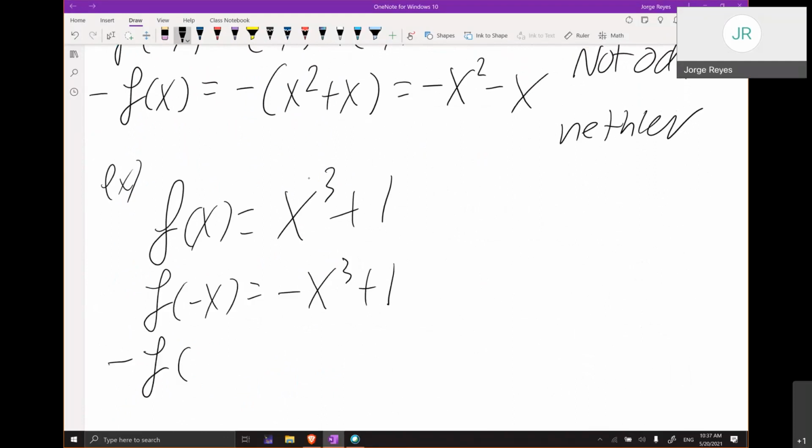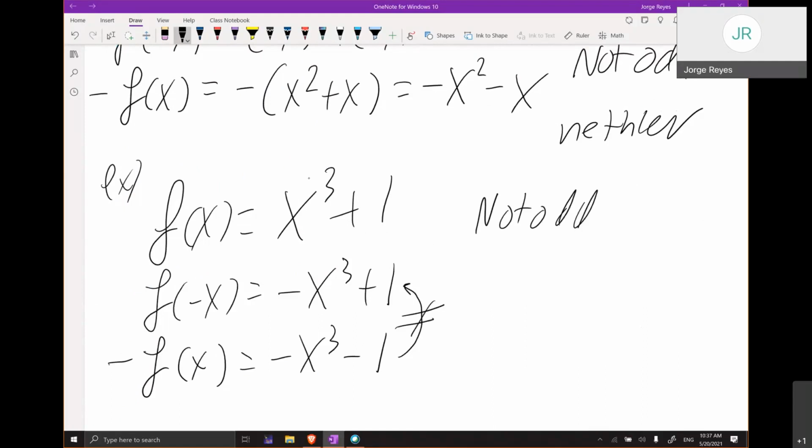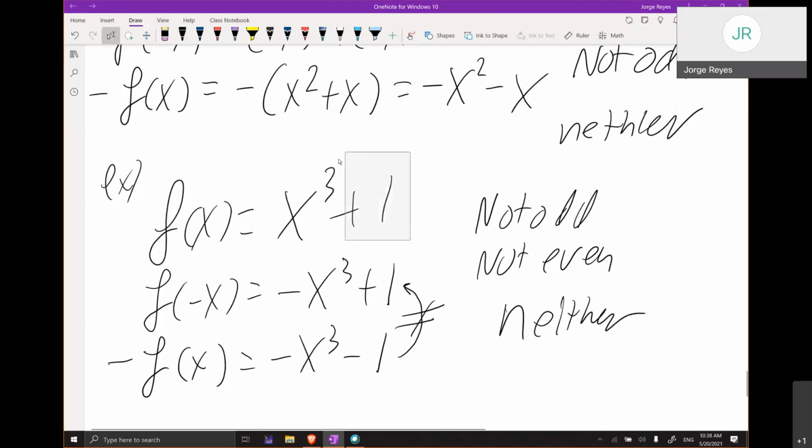And when you check to see if it's odd, you're going to get this, which is not the same. So this one is not odd, and it's obviously not even. So this one is also neither. The plus 1 here is enough to make this function not odd. So just be careful, plug in, double check.